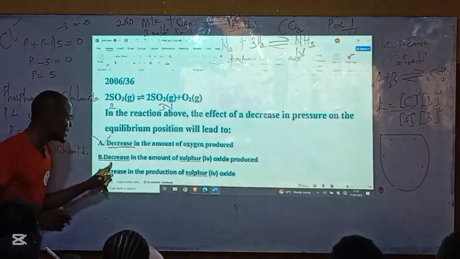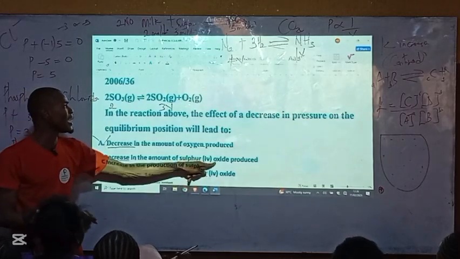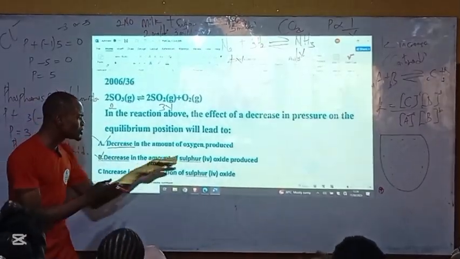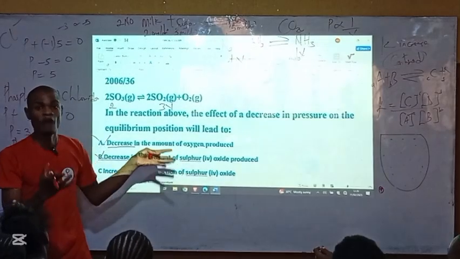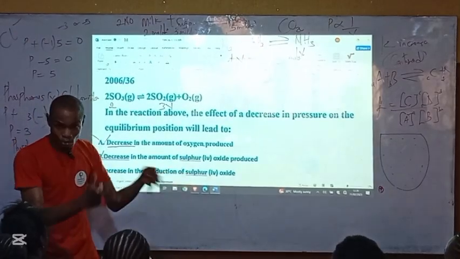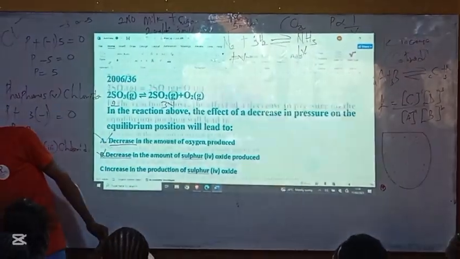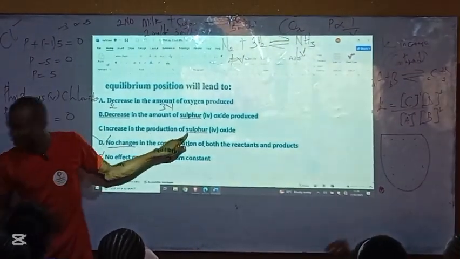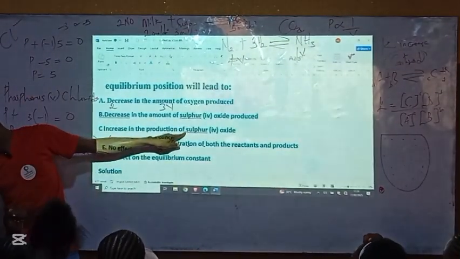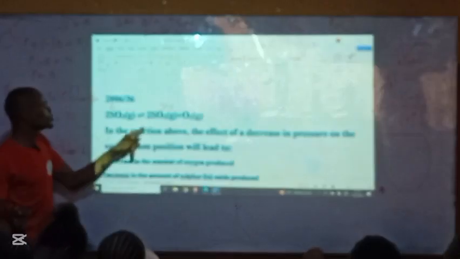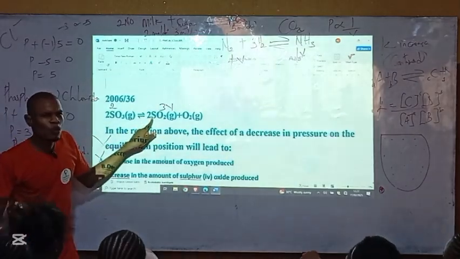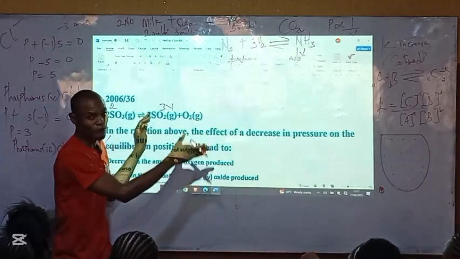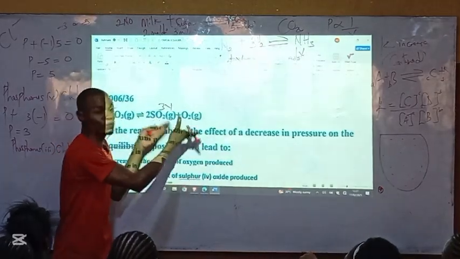Decrease in the amount of sulfur oxide produced? No. Amount means mole or volume. Increase in the production of sulfur oxide? Sulfur oxide is on the product side. When you decrease pressure, it goes to where you have a larger volume, so more product will be formed.